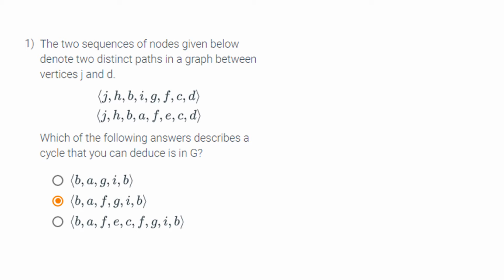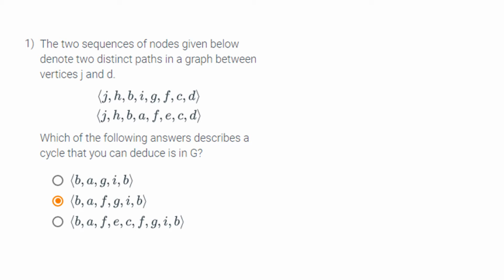So we can't use any of the edges in these two paths to get that cycle there. So we would say that that first one's not even possible using these two paths.